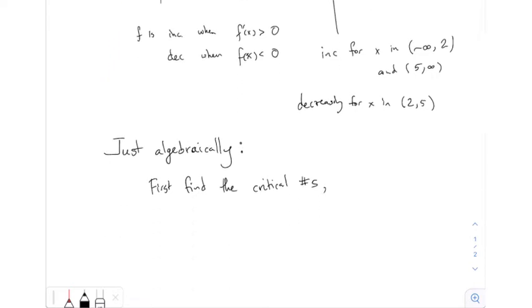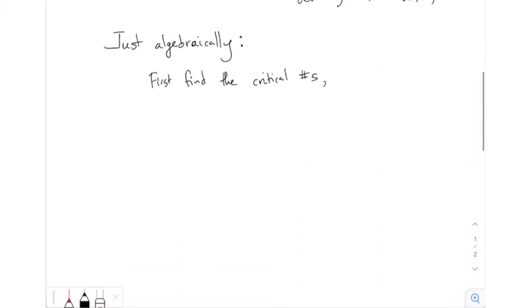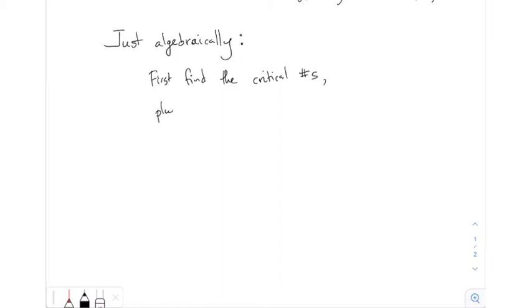I'm going to say first find the critical numbers, and then plug in values in between to see where f prime is positive versus negative.